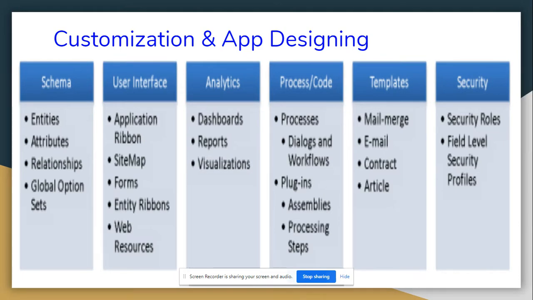These messages are in the steps itself. And I will show that plugins are registered with the plugin registration tool. I will also show how we can download the SDK packages. And the templates; these are all extra items like mail merge, email, contract, article. And the security roles.